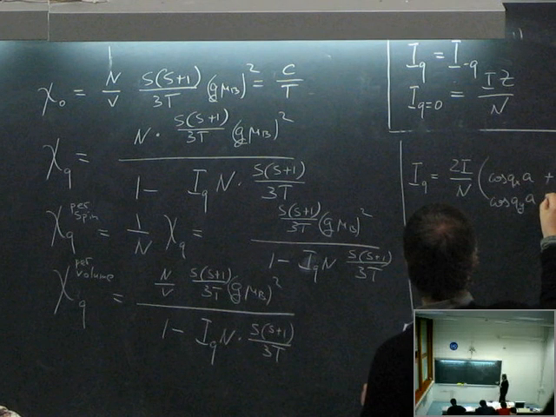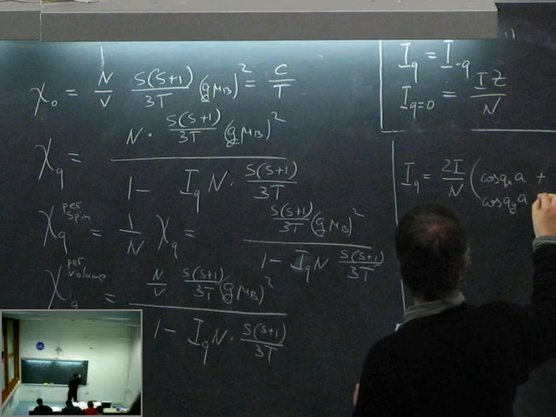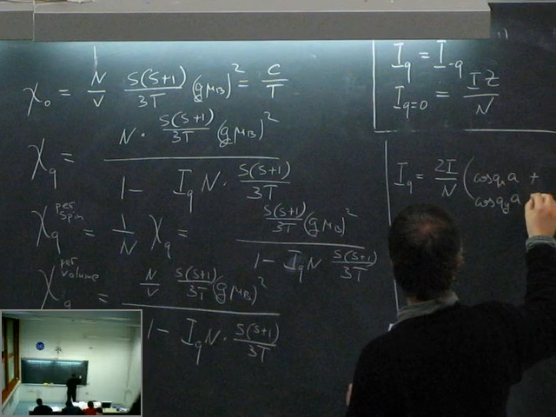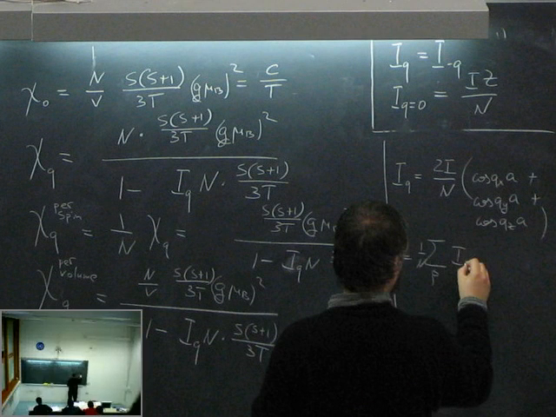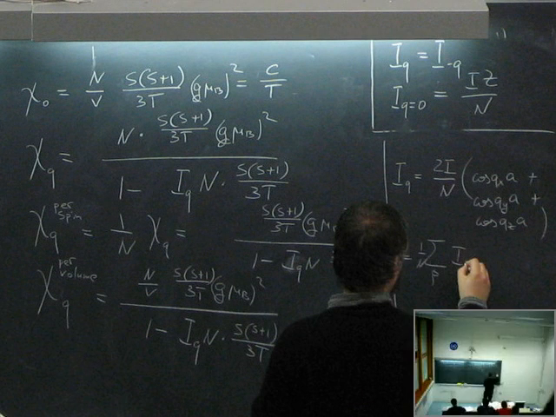And this, I remind you, is nothing but the sum over rho, 1 over n, I rho e to the power i q rho.